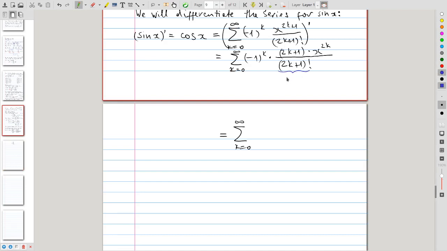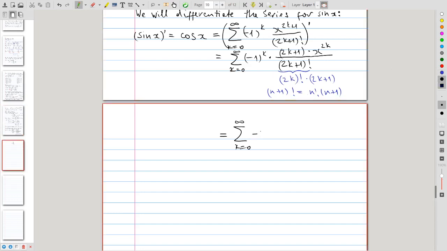So we must recall, therefore, that 2k plus 1 factorial is 2k factorial multiplied by 2k plus 1. Right? This is effectively the same as saying that n plus 1 factorial is equal to n factorial times n plus 1. This is the exact same equality, with n being 2k.